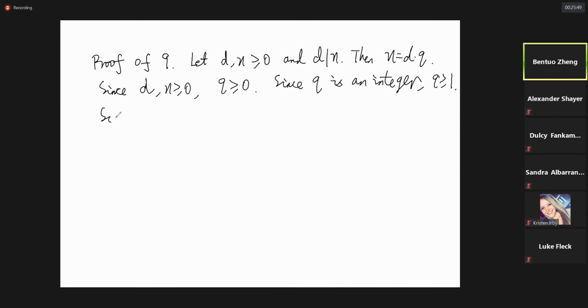So dq would be greater than or equal to d times 1, because q is greater than or equal to 1, which is equal to d. Therefore, dq is just n. Therefore, n is greater than or equal to d. Okay, comparison property.